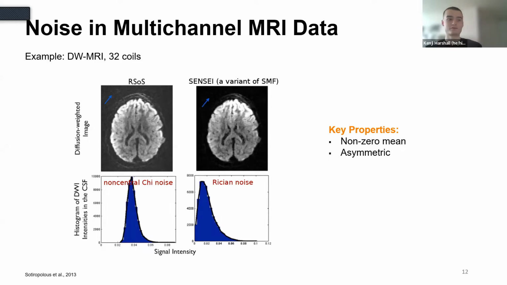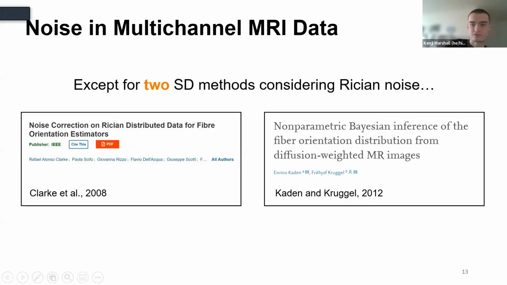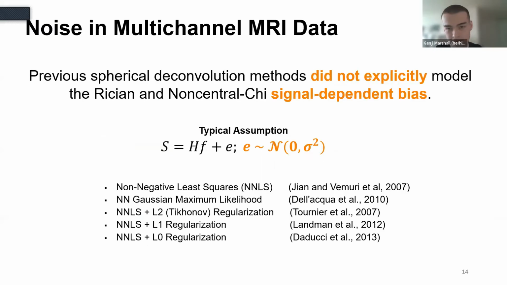Now, the reason why I'm going into detail on the form of noise in MRI data is because aside from two previous spherical deconvolution methods, which did explicitly consider Rician noise in their local reconstruction method, most previous spherical deconvolution methods, and the ones that most people use, did not explicitly model the Rician and non-central chi signal-dependent bias.